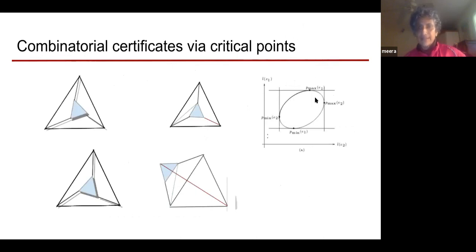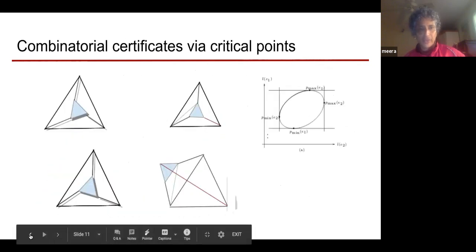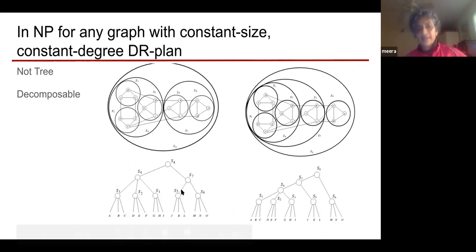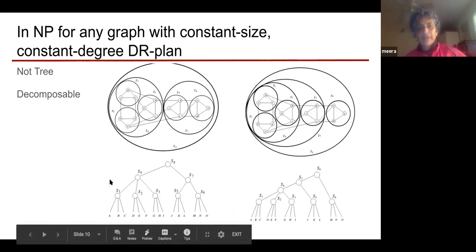So extending this a little bit, instead of thinking about the particular solution, if you think about it here, for each of these subgraphs, you're specifying out of the finitely many solutions, one solution that you're going to pick, and that gives you the certificate. Now you can ask yourself, what are the ways in which you can index that particular solution?